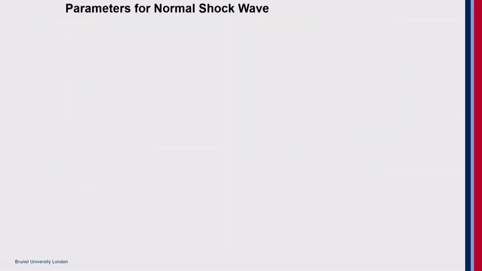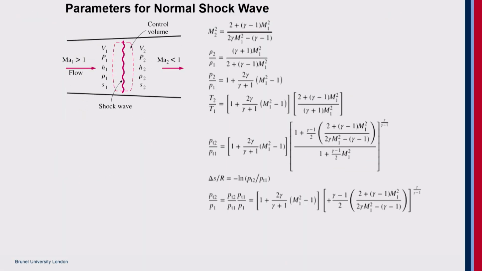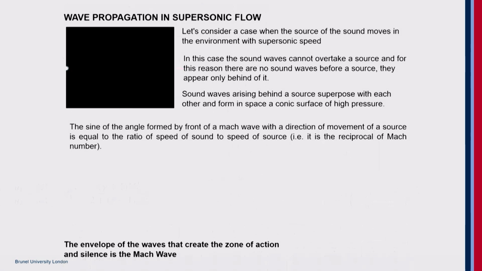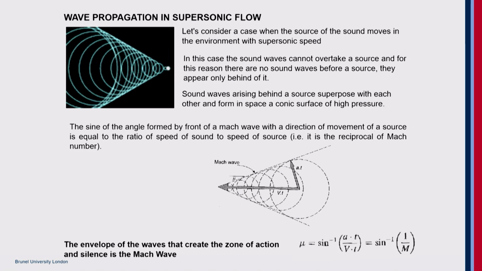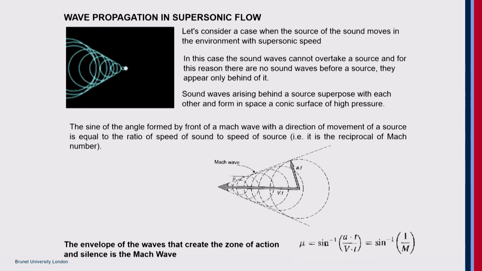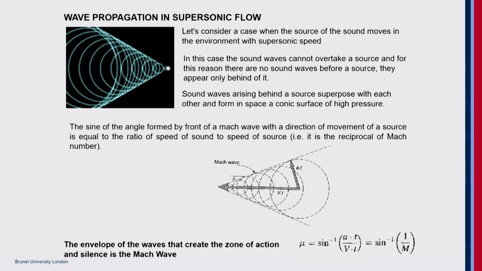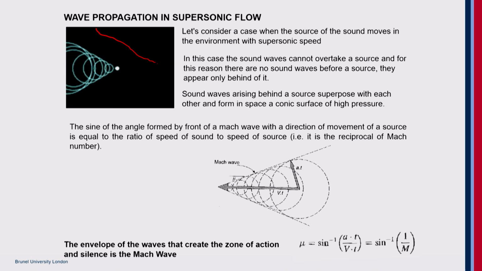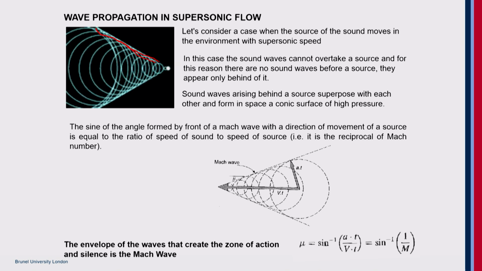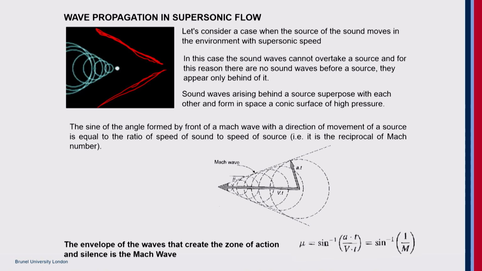Now let's continue to look into this, like what we have seen from this normal shock. When we look at supersonic flows, you can see that the signals which are communicating are overlapping on each other. This is very weak, it's not even a shock wave, but it is called the Mach wave. The signals are overlapping.